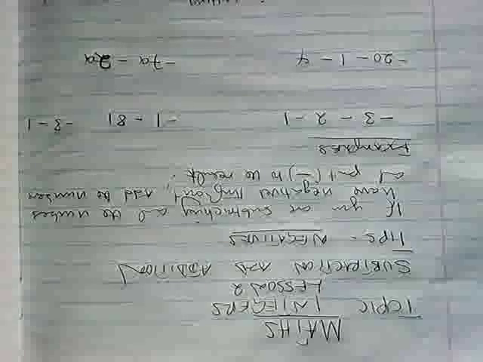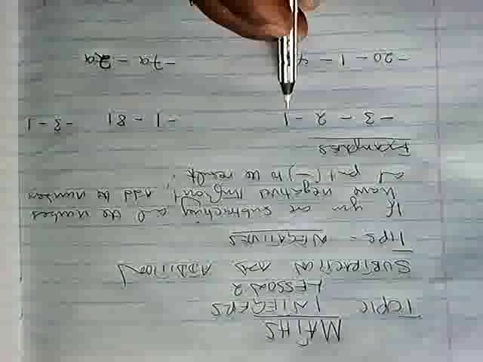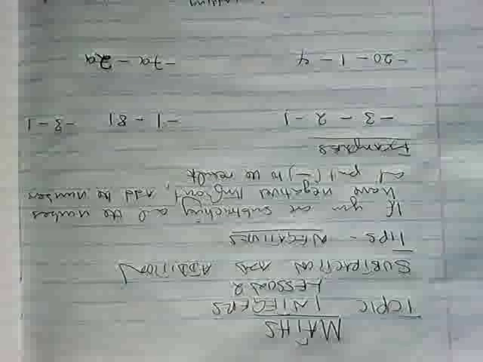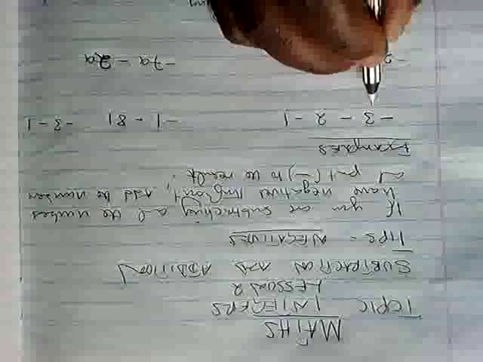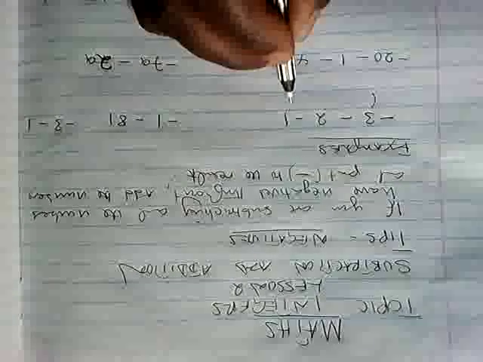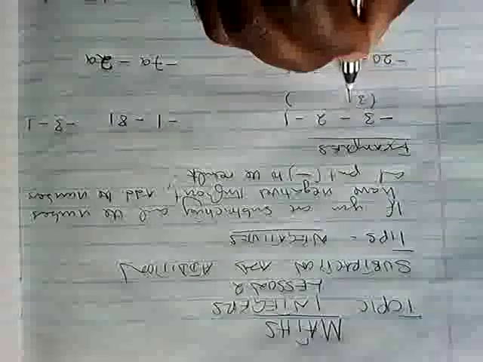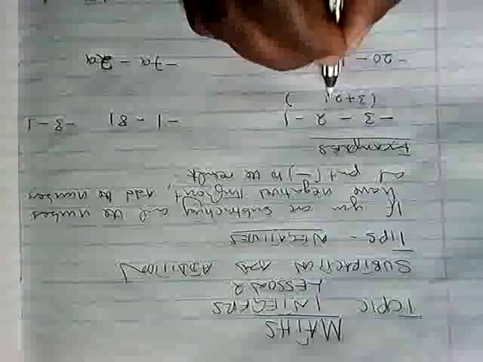So now, what are you supposed to do? You simply add this one plus this one plus this one. To be on the safe side, you can put brackets here and there. Then you say 3 plus 2 plus 1. What you are doing here, you are first adding.